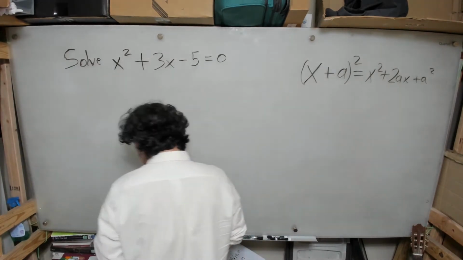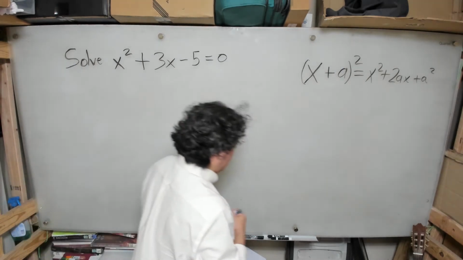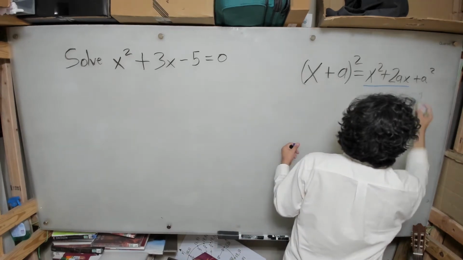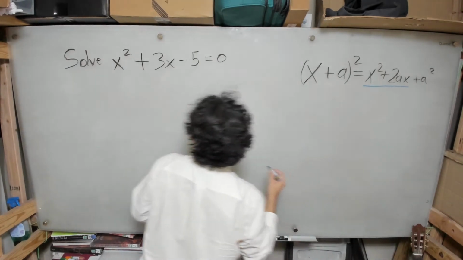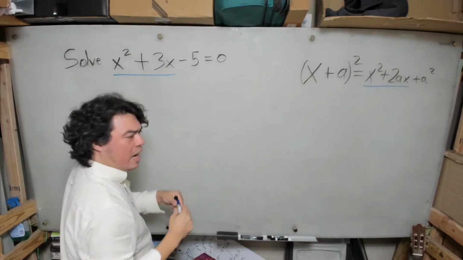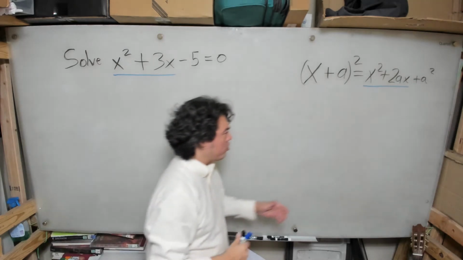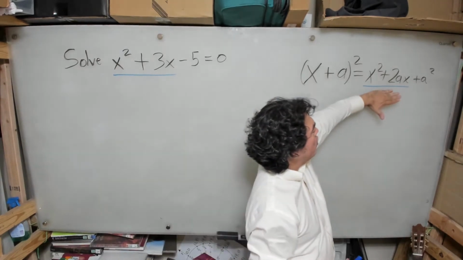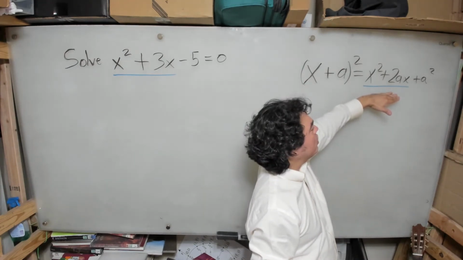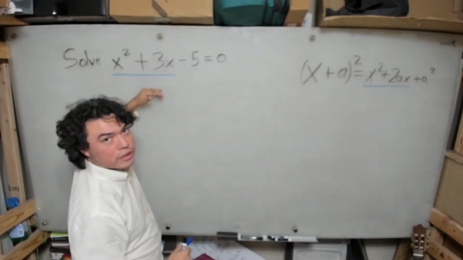We're going to imagine in our brain that we want to match this x squared plus 2ax with this x squared plus 3x. And you're going to see why we're doing this in a moment. So just to recap, we're going to ask ourselves, what value of a will make x squared plus 2ax equal to x squared plus 3x?